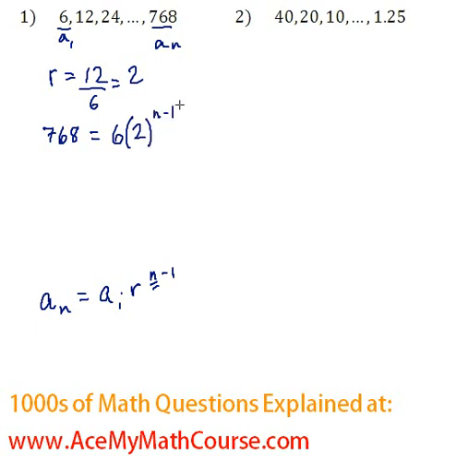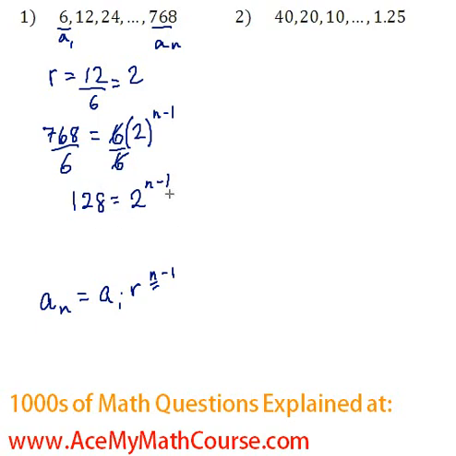Okay, so now we want to figure out what n is, and I can divide both sides by 6. So 768 divided by 6 is 128. And that's equal to 2 to the power of n minus 1. Okay, so here we have two choices.